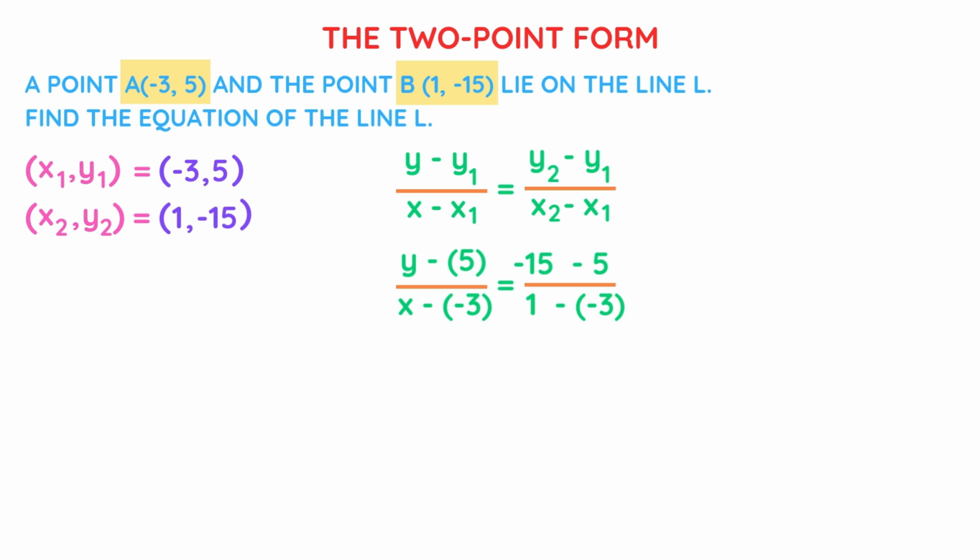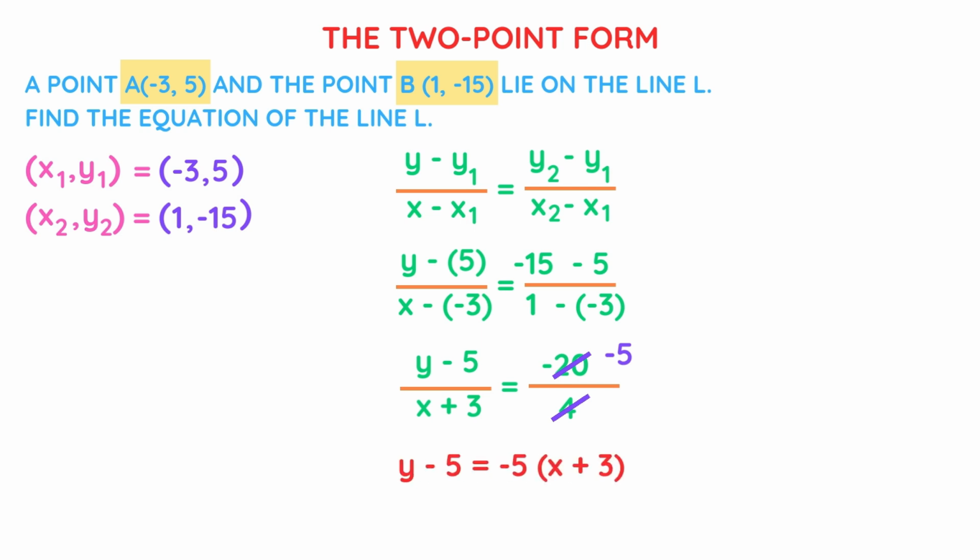If you simplify it a bit, it will give you y minus 5 over x plus 3 is equal to negative 20 over 4. Now, negative 20 over 4 is negative 5. If you multiply x plus 3 on both sides, you will get y minus 5 is equal to negative 5 times x plus 3. If you want, you can simplify this form.